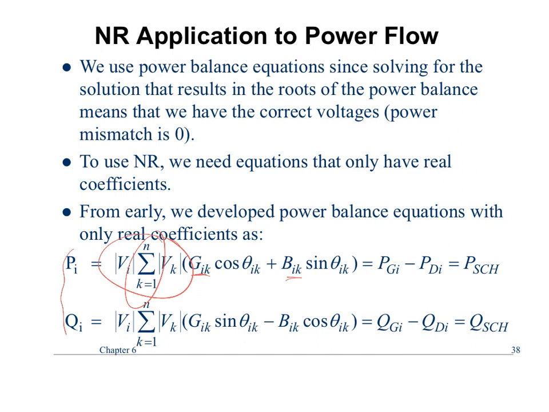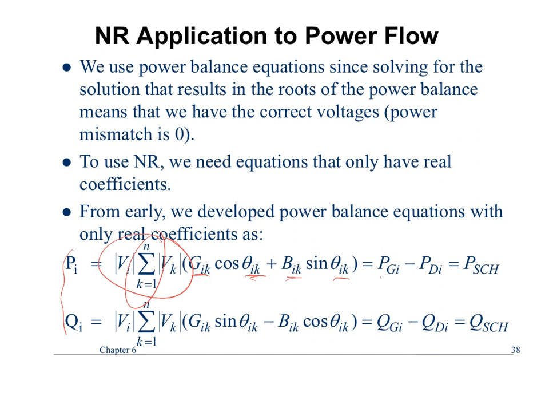It'll only contain up to 4, or maybe 8 at the most. 8's the most I've ever seen, but that's essentially all you have. So the voltages and the angles here are either the state variables, so those are what you're trying to solve for, or you know them. And then the G and the B are from your Y matrix.